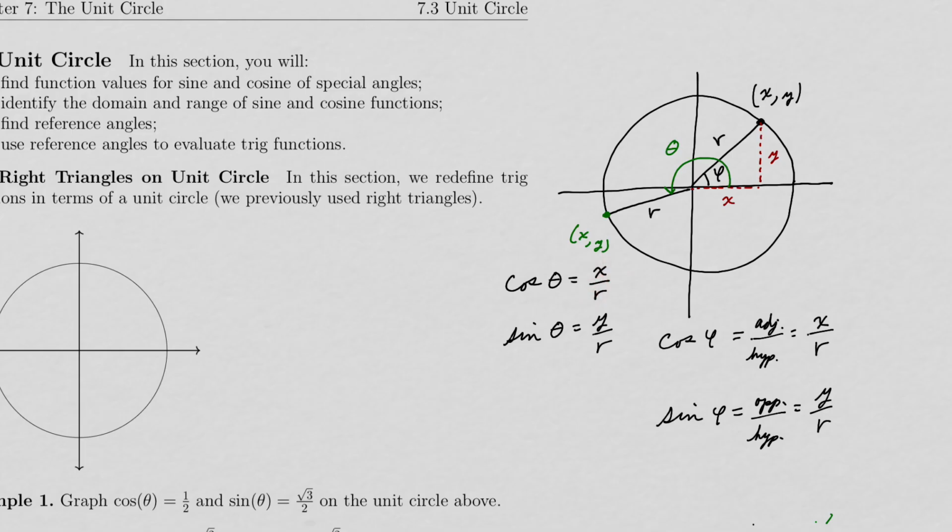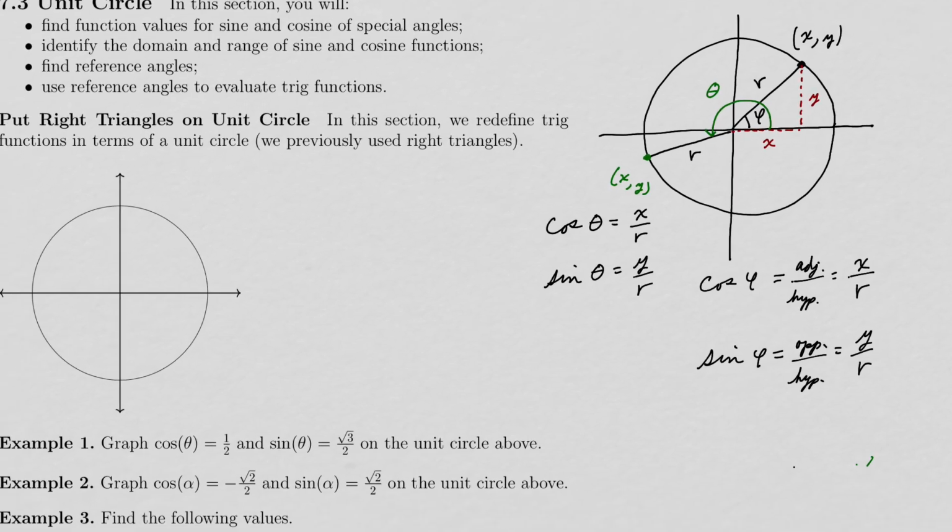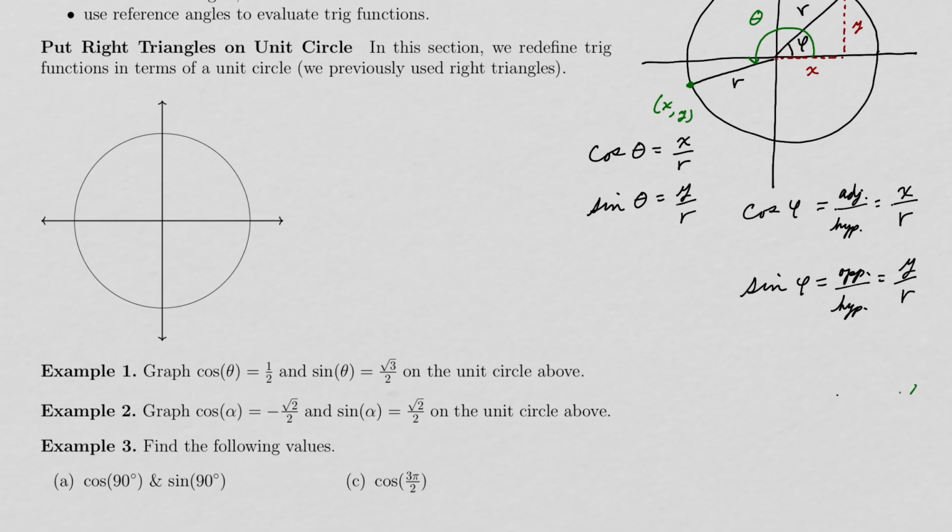Okay, we're going to focus on a unit circle. What does that mean? It means that r is equal to 1. So for a unit circle, r is basically equal to 1.